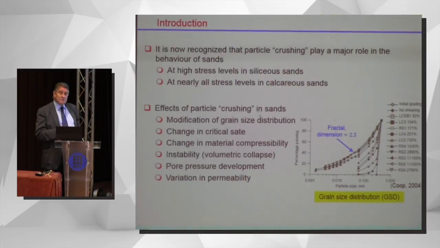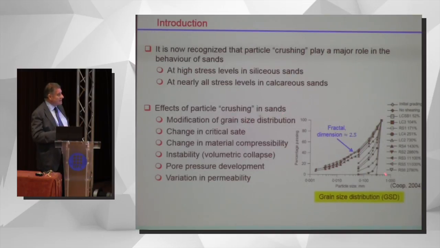So it's been recognized, at least for the last couple of decades, that crushing plays a major role in the behavior of sands and other granular materials. It's important at high stress levels in siliceous sands, but it's important at nearly all stress levels in calcareous sands. Of course, what happens is the modification of the grain size distribution.